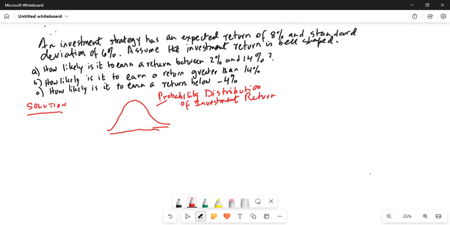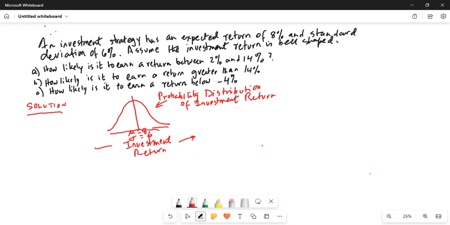This is the curve. So we have investment return on the horizontal axis, and of course, we have probability on the vertical axis. Now the mean is the expected return, where the peak is the highest. This is given as 8. So mu is 8, and the standard deviation sigma is equal to 6.